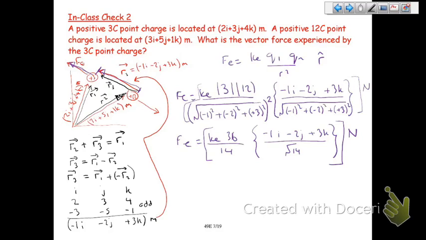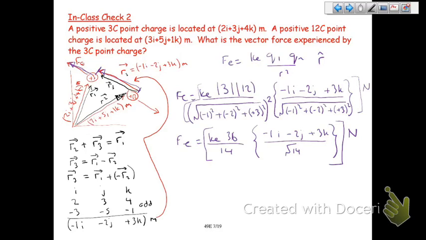Notice I could have just given you the displacement vector. I could have given you R3, and then you wouldn't have had to go through these other steps. You know, there's three levels. I give you R3, and R3 is in the same direction as the force you're interested in. Or I could give you R3 in the opposite direction to the force you're interested in.